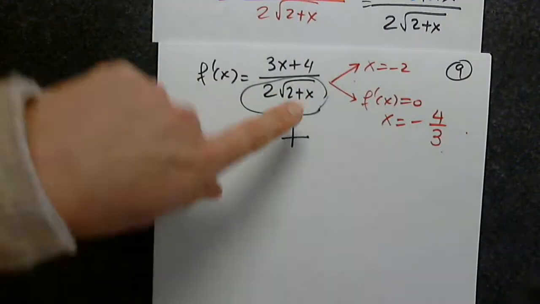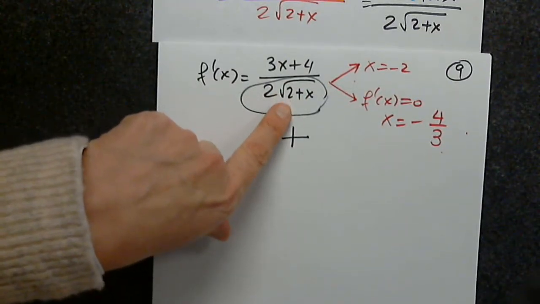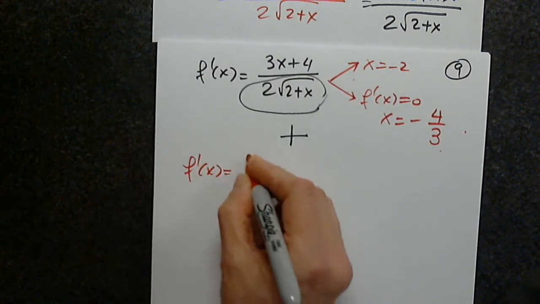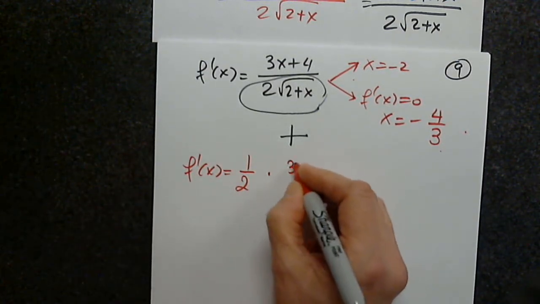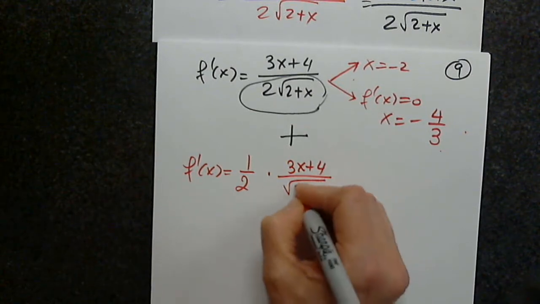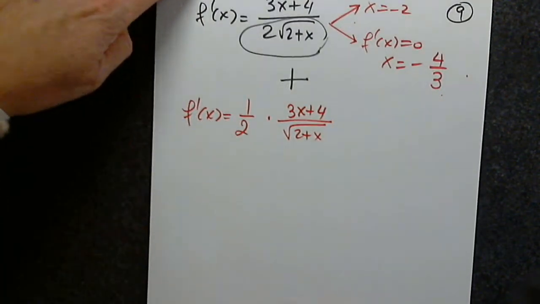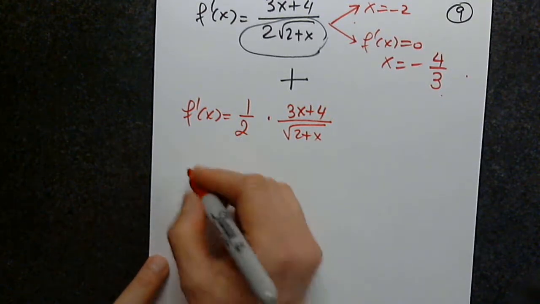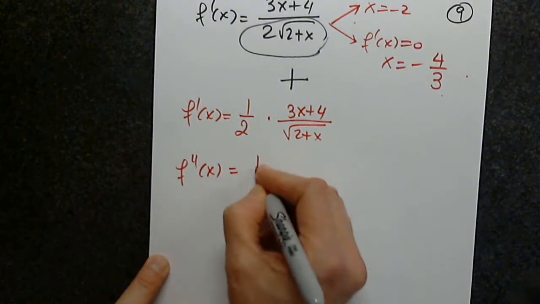which is this differentiated. So I will have f prime of x as 1/2 times 3x plus 4 over the square root of 2 plus x. I don't want to bother with that. It's a constant. You can wait for me outside patiently. I don't want to involve that if it's not necessary.